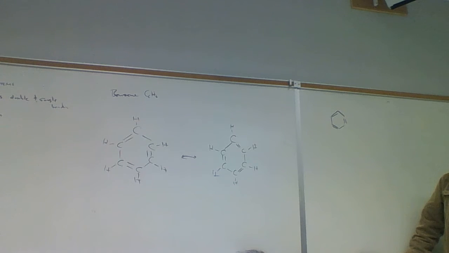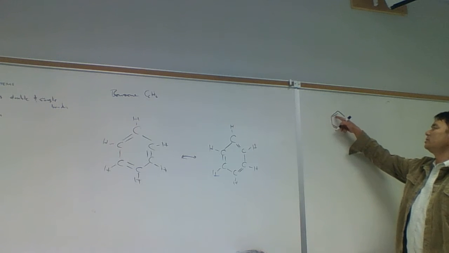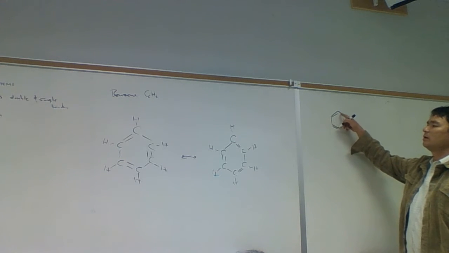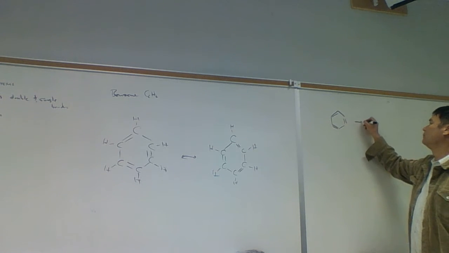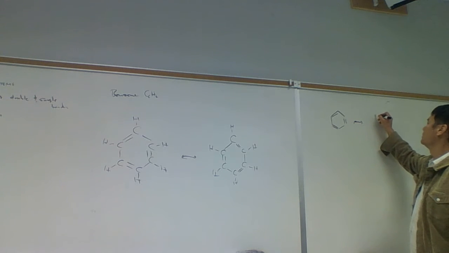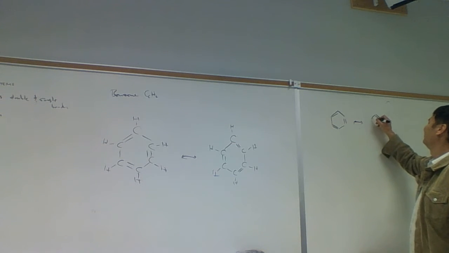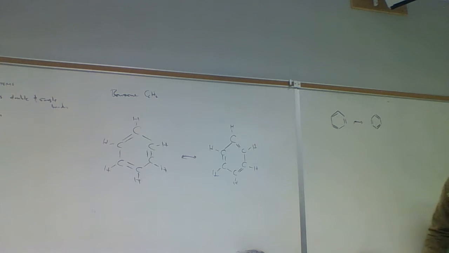It's not because they aren't there. It's because you can figure it out easily if you know how many bonds. Carbon forms 4 bonds, so you can figure out how many hydrogens have to go there. And this is just showing the bonds: carbon-carbon double bond, carbon-carbon single bond. So this saves a lot of time writing out the structures, so you don't have to write every single atom. So these are the two resonance forms.